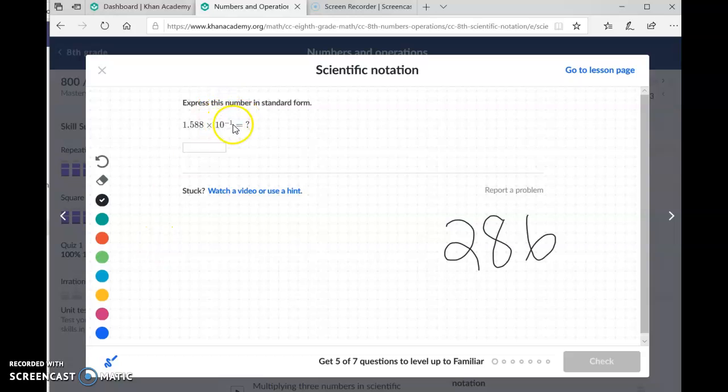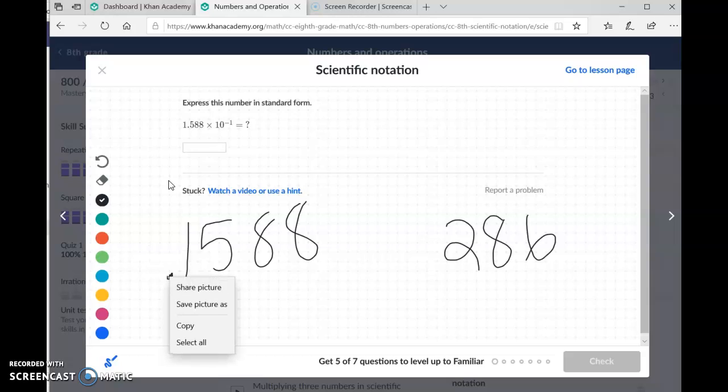And since this right here is -1, that means that this number is going to be getting smaller, and because it's 10 to the -1 power, I'm just moving this decimal over one spot, and the number is going to get smaller. If this was a positive, then I would be moving it over to the right, so that way this number could get larger. So my answer would be this right here.